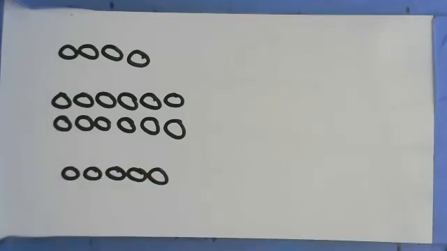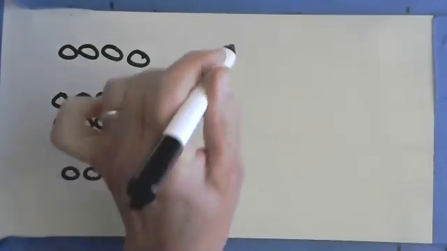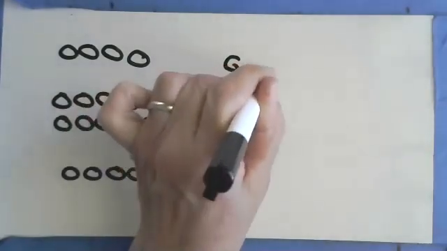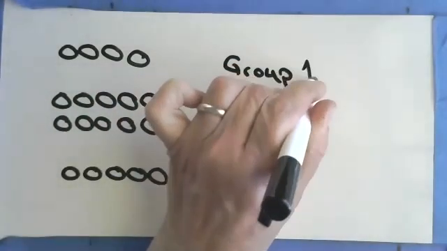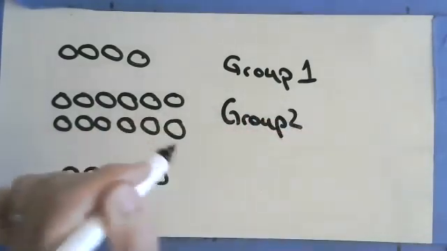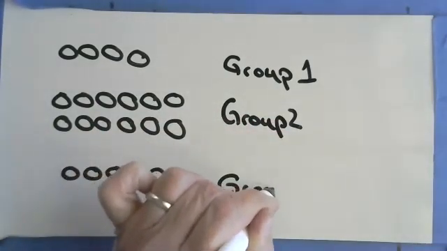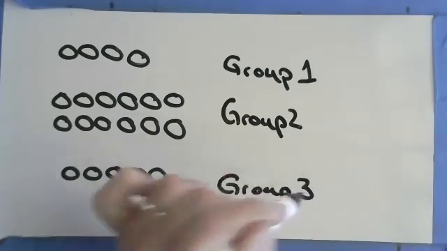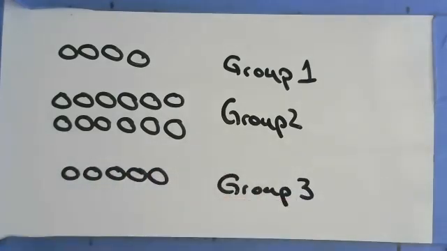So I've got my circles representing my caterpillars that turned into butterflies. What's important here is to show the different groups. So group 1, group 2, group 3, and you could say group 1 butterflies, group 2 butterflies, group 3 butterflies.